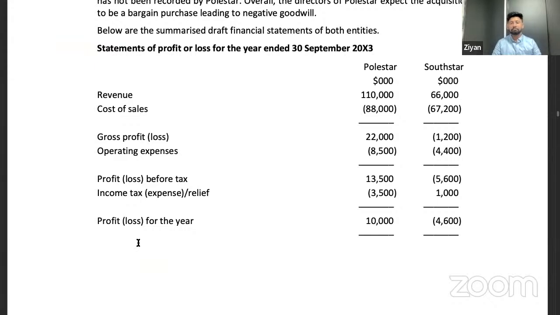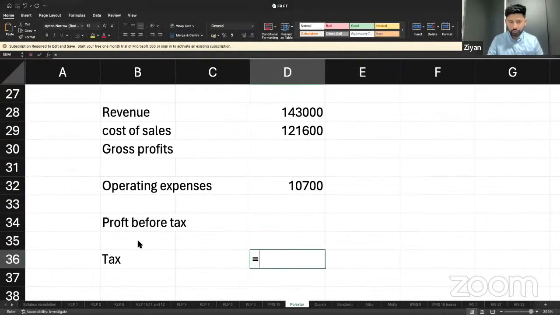So minus 3,500 plus 1,000, into 6 over 12. Exactly. So equals minus 3,500 plus 1,000 into 6 over 12. There you go. Are we clear?